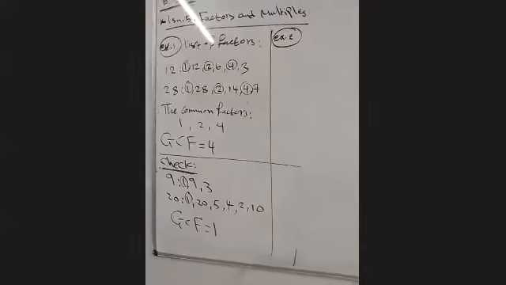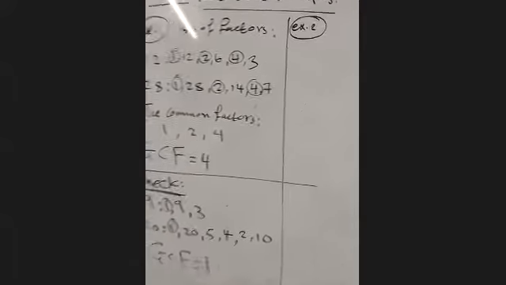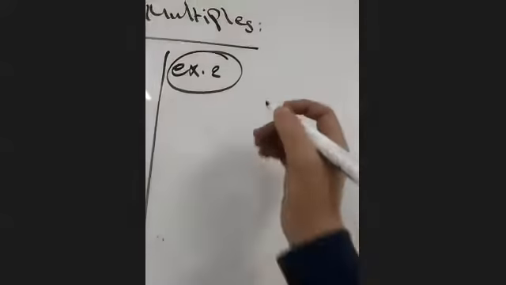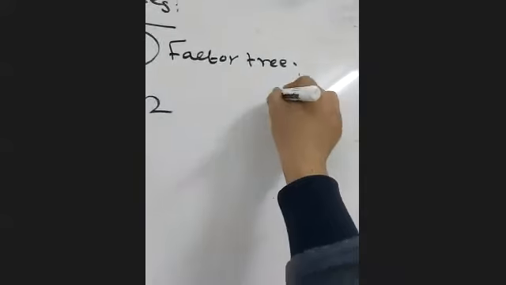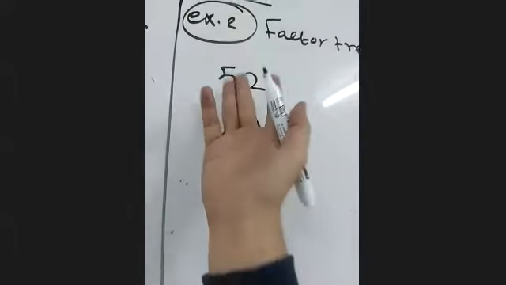Find the GCF by using a factor tree. Now we will use, guys, the second way of finding the greatest common factor, which is the factor tree. What are the two numbers, Abdel Sattar? 52 and 78. Now, can you give me two numbers? If you multiply them, you get 52.